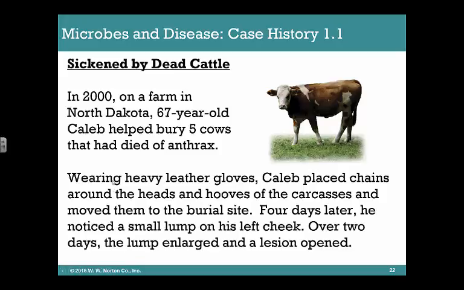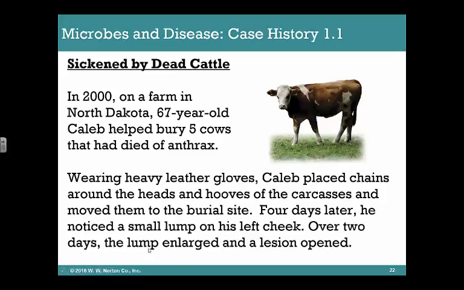And although he took care to wear gloves when handling the carcasses of these animals, he did come down with an infection shortly after performing this job.